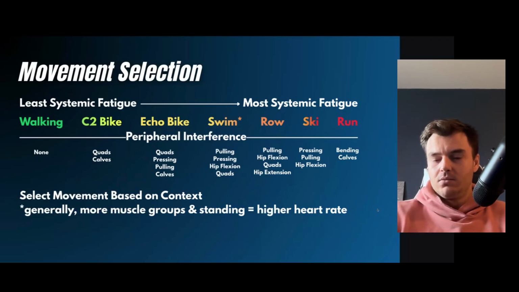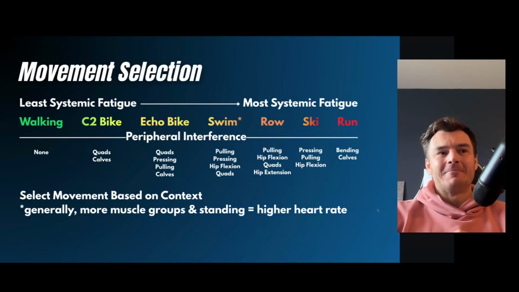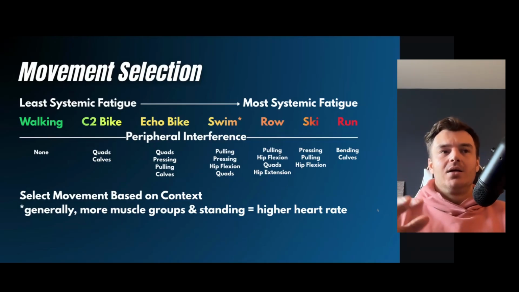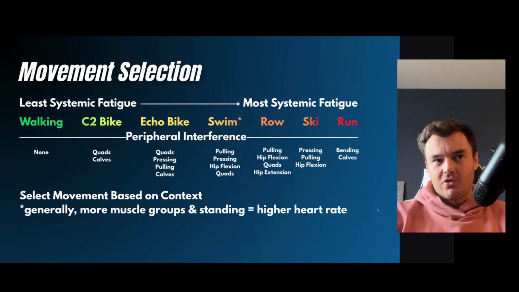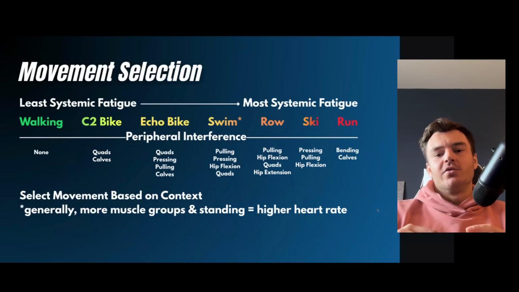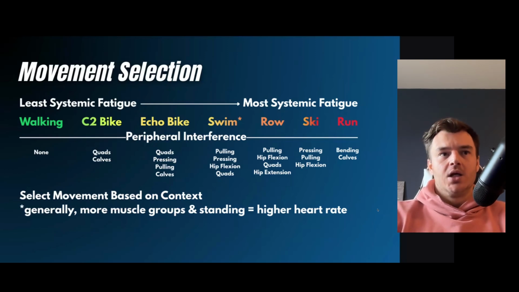So of course it's going to be a little bit freaked out by that. But it's just something to note that it can cause people to feel tired after, even though it is a relatively low impact form of cyclical training.